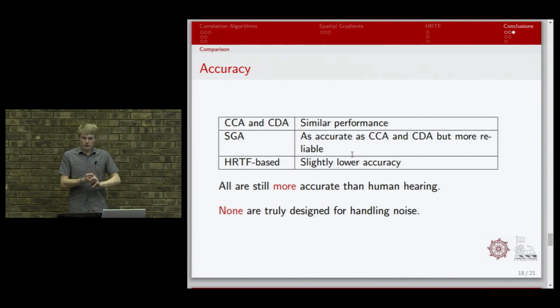However, these aren't technically better ways of doing it than having a genuine person at the scene, because none of these can really handle noise. With everything I've said today, all of the assumptions have been that noise is negligible and noise is uncorrelated to one another and to the signal. But in reality, those are very difficult things to come by. Noise can be internal noise within the microphones, can be other sound sources, and it can even be echoes from the original sound source.